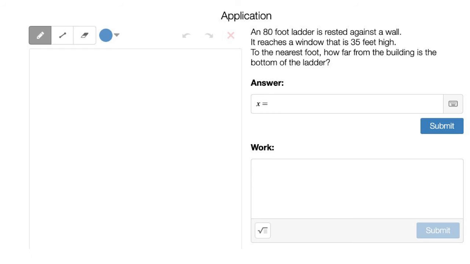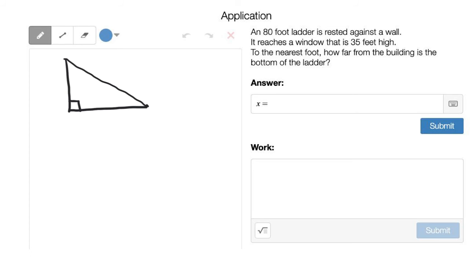I have a couple more I want to look at with you. This one is going to be a word problem. In this unit, I actually love word problems because I know every single word problem is going to look like a right triangle. Without even reading it, as soon as I see words, I can draw my right triangle and then go from there.